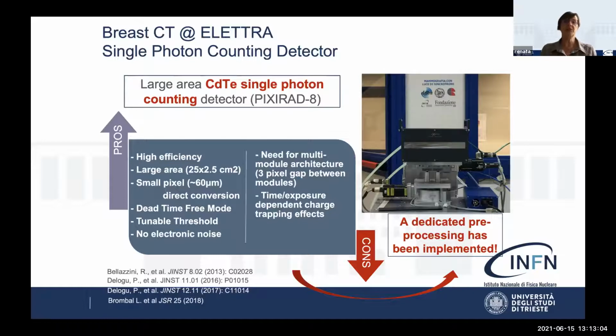Moreover, the cadmium telluride is not completely stable. It means that there are some charge trapping effects that change during the exposure time, which means that we have some artifacts related to the long exposure time for CT. So it is necessary to develop a pre-processing that is dedicated exactly for this application and for this detector.